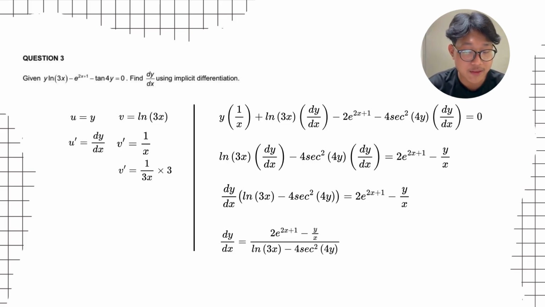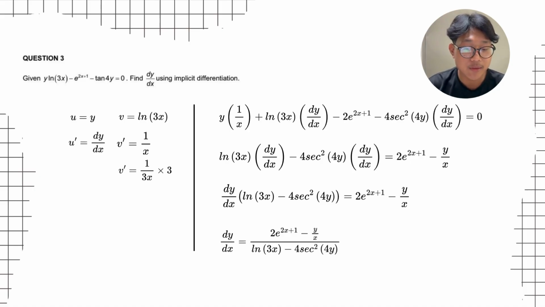For the first expression, we use the formula u v prime plus v u prime. So we will get y times 1 over x plus ln 3x times dy/dx. For the next expression, we differentiate as usual and we will get 2e to the power of 2x plus 1. And the last one is negative 4 sec squared 4y times dy/dx, equal to 0.